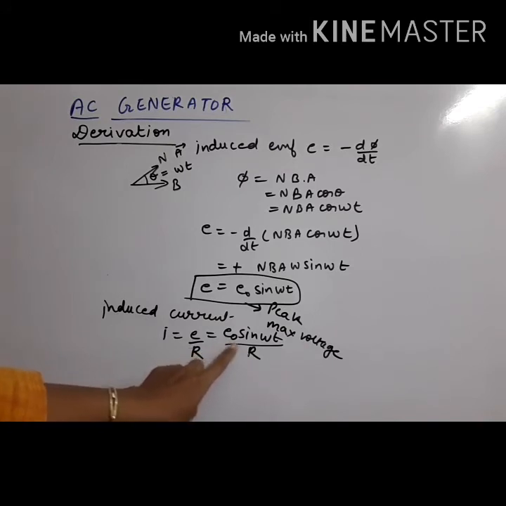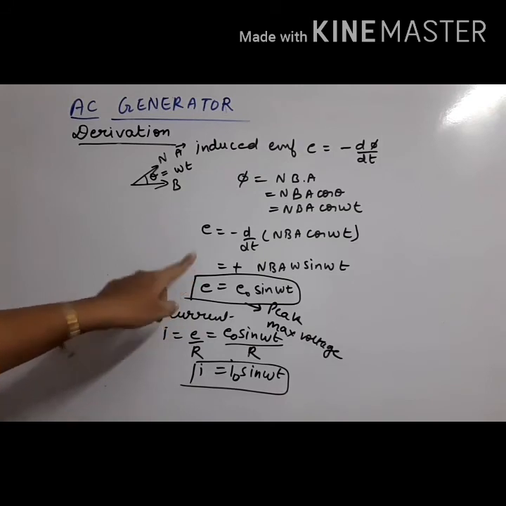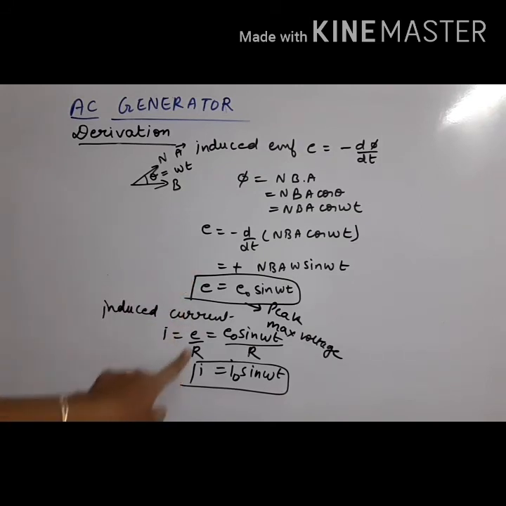So if we divide E0 by R, then we can write it as I0. So finally we have got the induced voltage equation and the induced current equation. Why are we writing in small letters? Because these are induced terms.